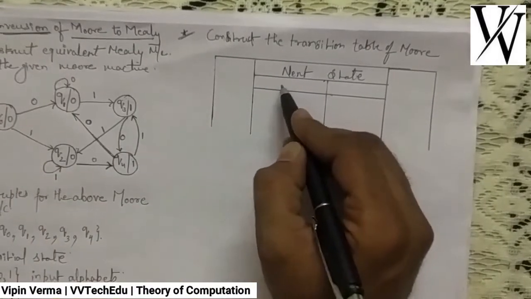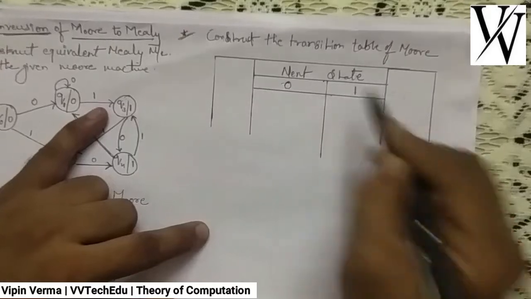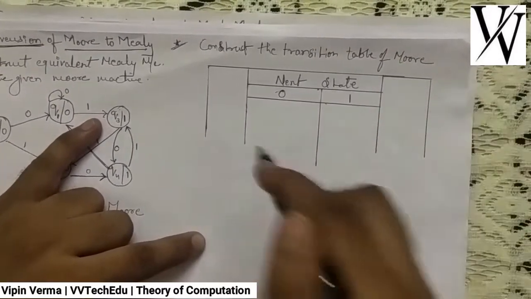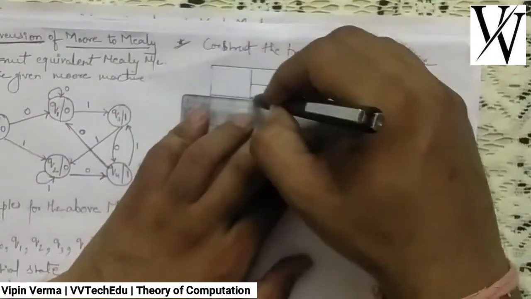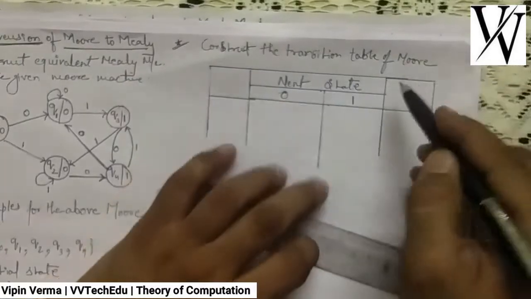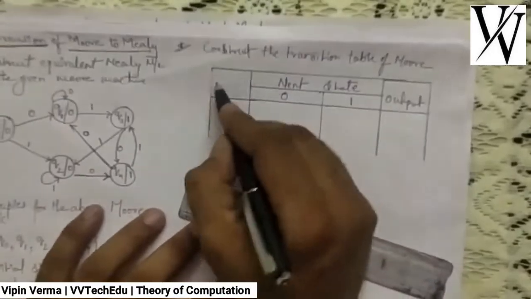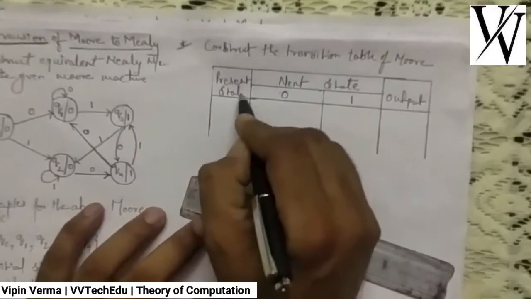So we have the input alphabets as 0 and 1. This column is for outputs corresponding to the states, and here we have the present state.